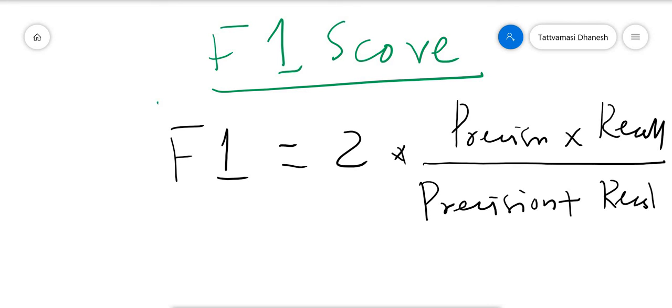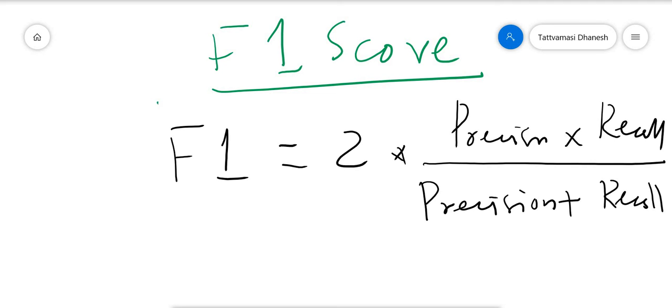It's not an average. This we call the harmonic mean. We use the harmonic mean instead of a simple average because it punishes the extreme values.